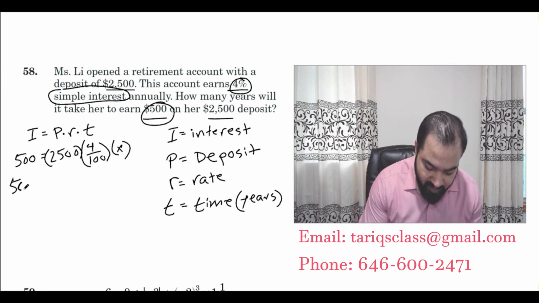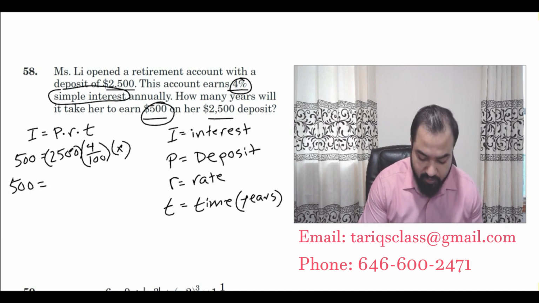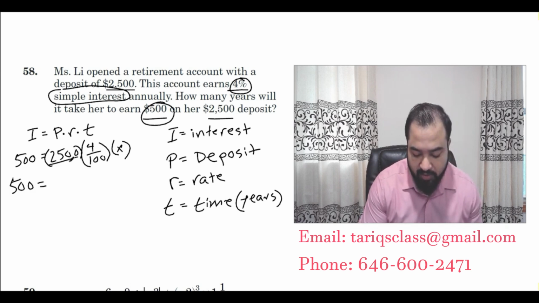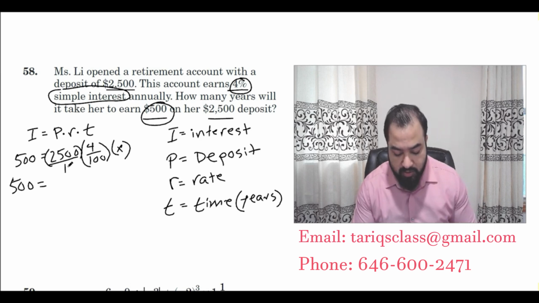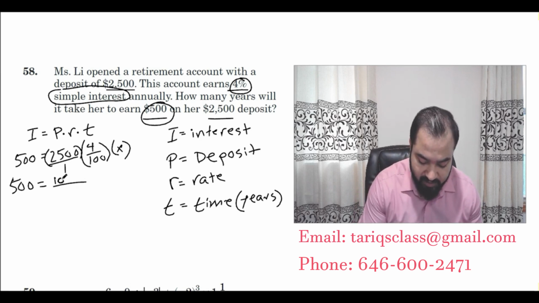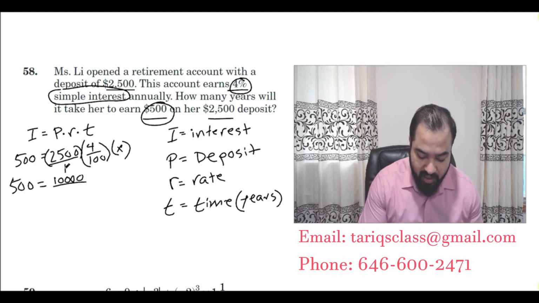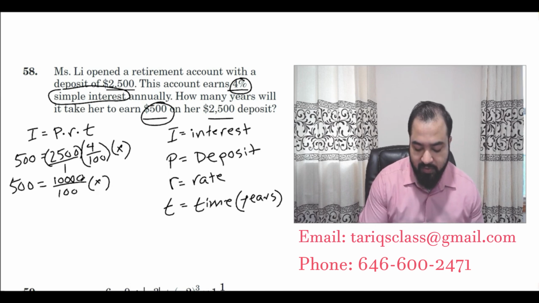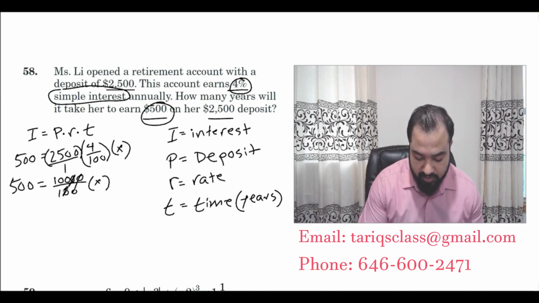So we have 500 is equal to 2,500, and we can put an over 1 here. 2,500 times 4: 4 times 25 is 100, and then we add 2 zeros. And 100 times 1 is 100, and then we have X there. When we divide by 100, we can cross out 2 zeros.